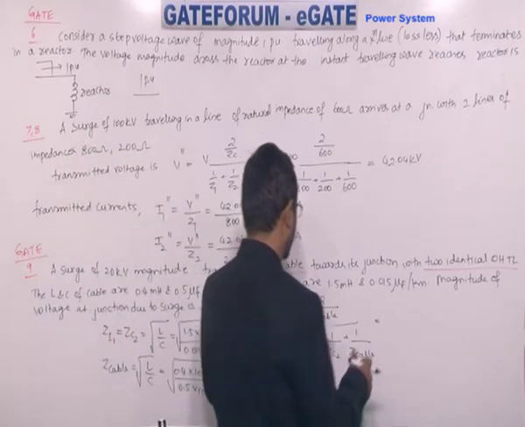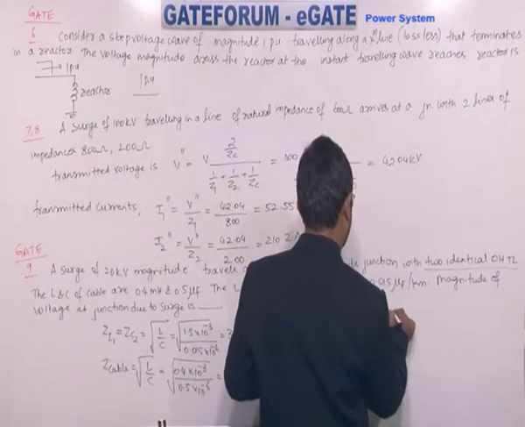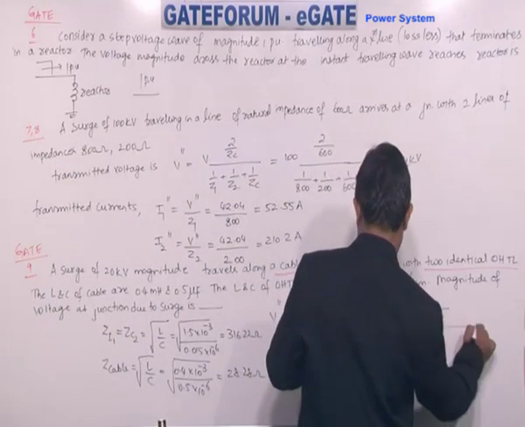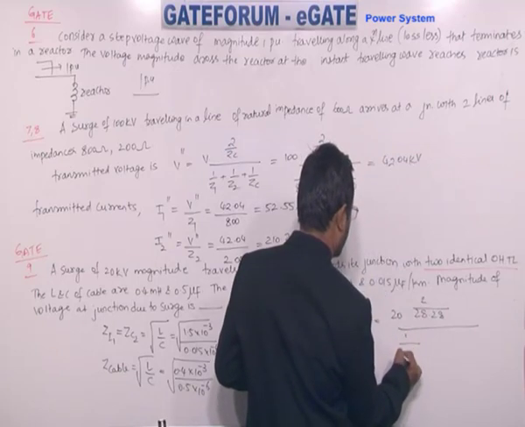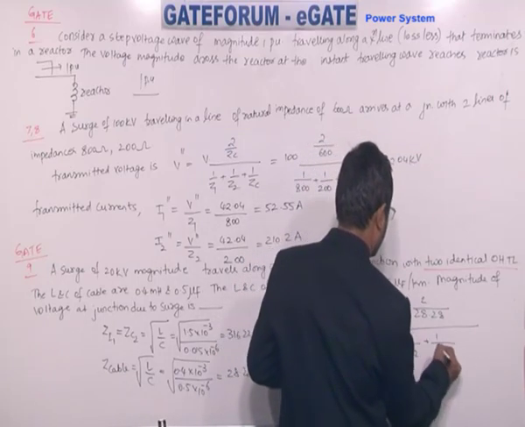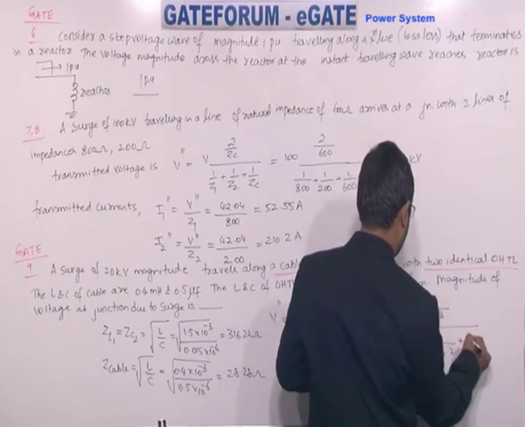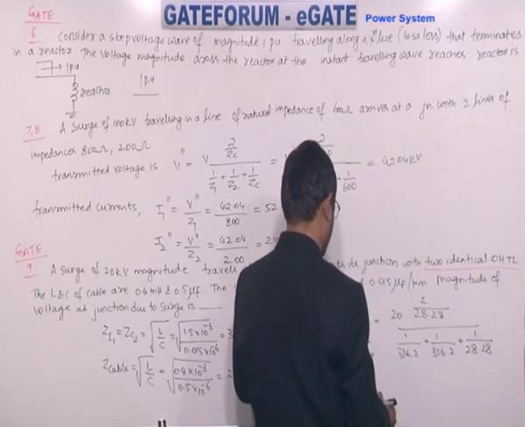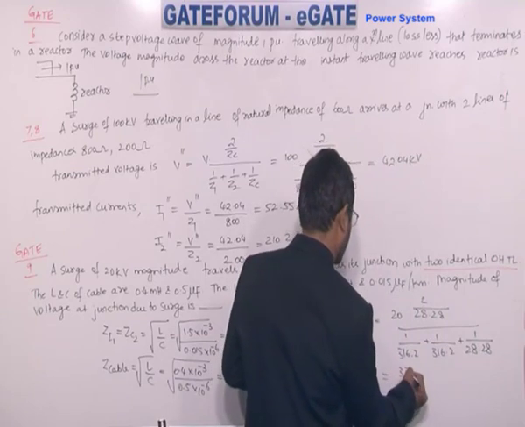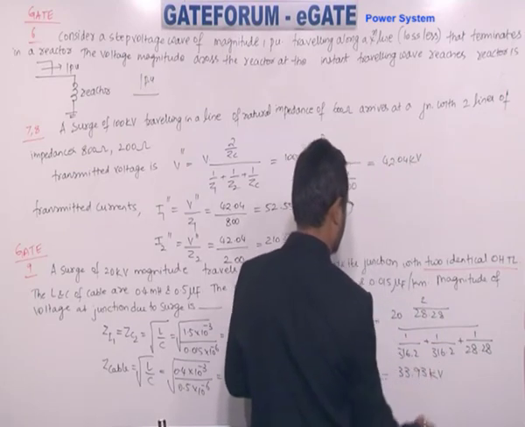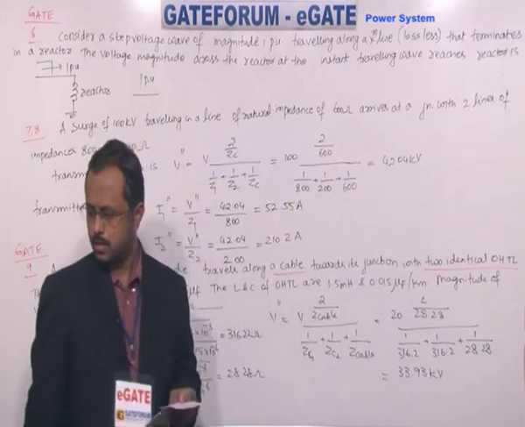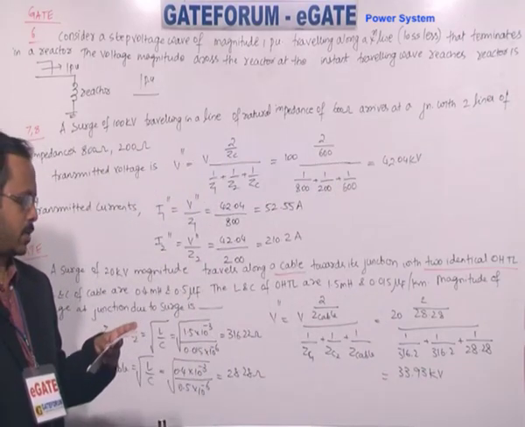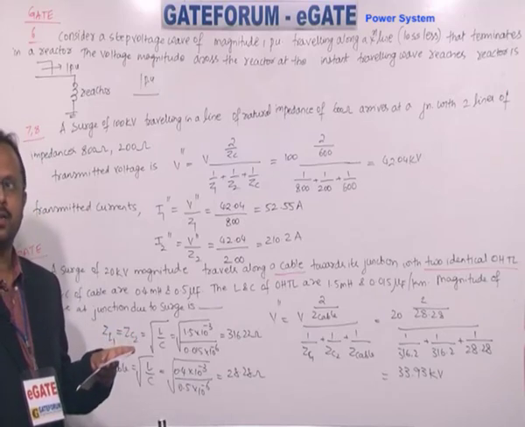So now we substitute these values and calculate. So 20 kV, 2 by this value, 1 by 316.2, again 1 by 316.2, 1 by 28.28. On simplifying, you get 33.93 kV.